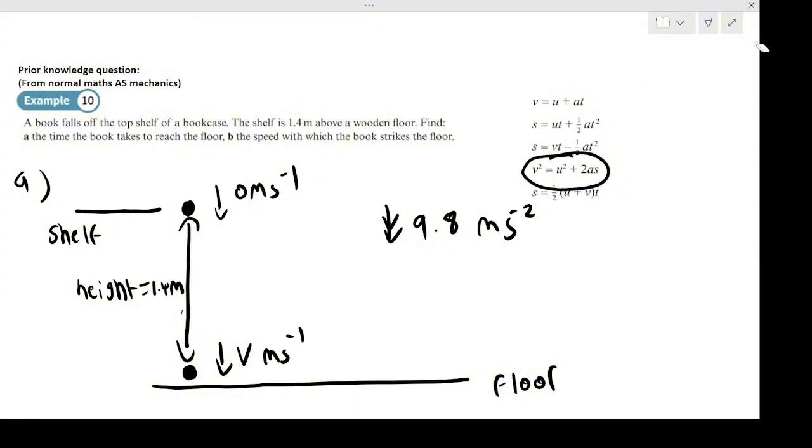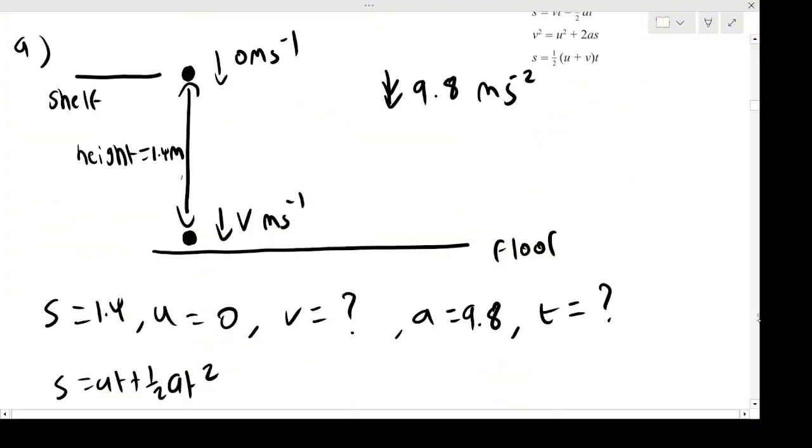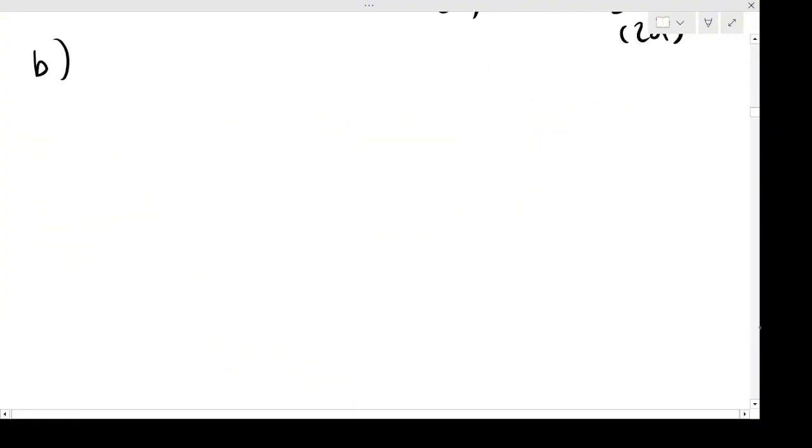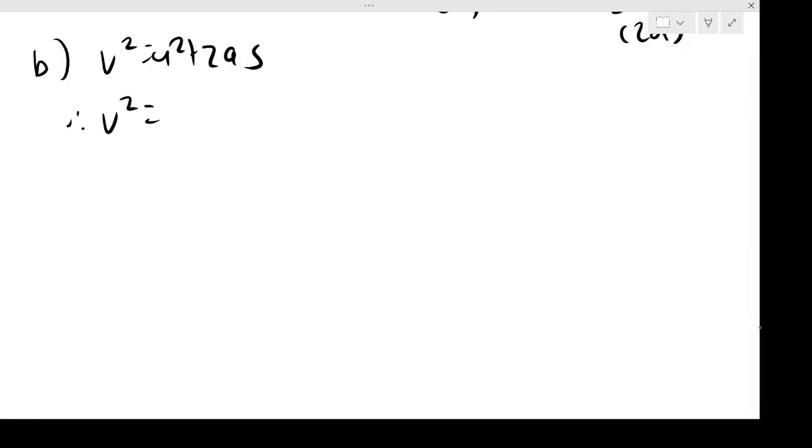It's going to be V squared is U squared plus 2AS. Okay, so V squared is U squared plus 2AS. So therefore V squared is going to be U squared, which is 0, all squared, add 2 lots of A, which is 9.8, lots of S, which was 1.4.